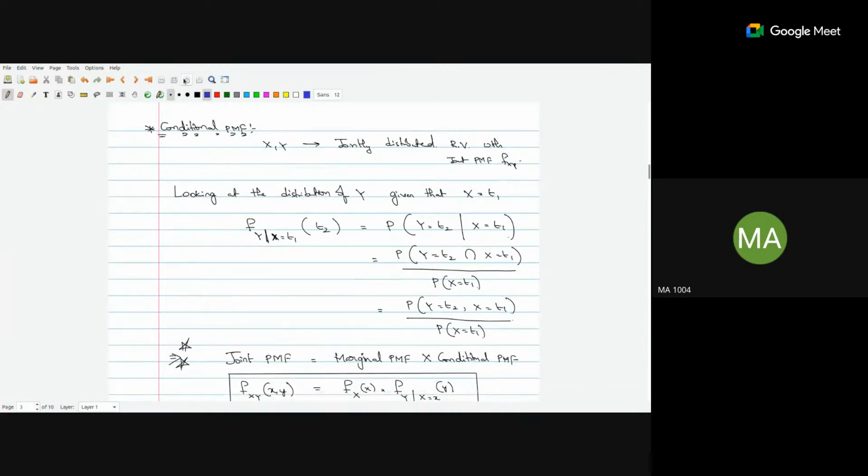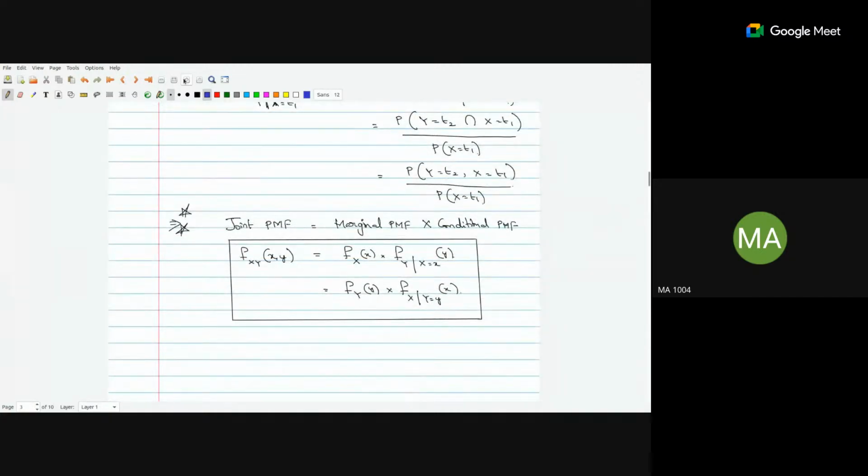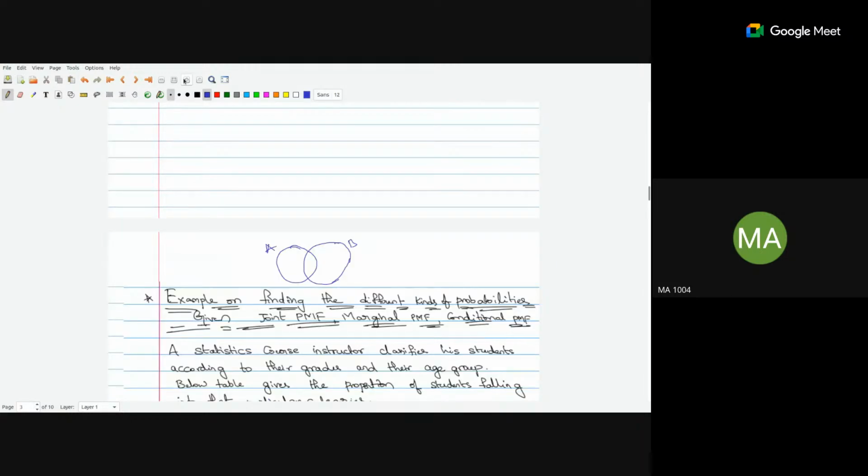Sometimes this property is useful when you are unable to compute the joint directly. If you know the marginal and conditional, use this formula and you can get the joint PMF table.